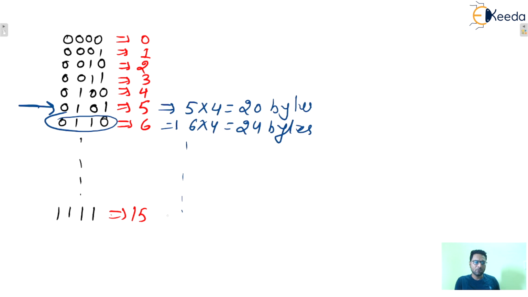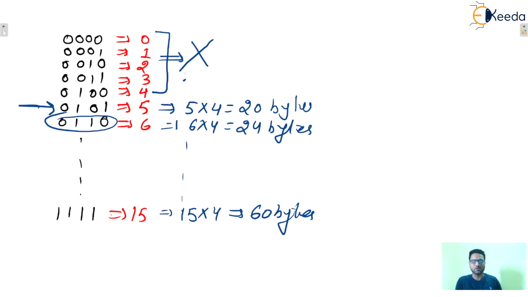And whenever all bits are 1, so 15 into 4, so a 60 byte header is there. That means these 5 combinations from 0 to 4 are of no use. So accordingly, whatever be the size of the header, these 4 bits will be set, isn't it?